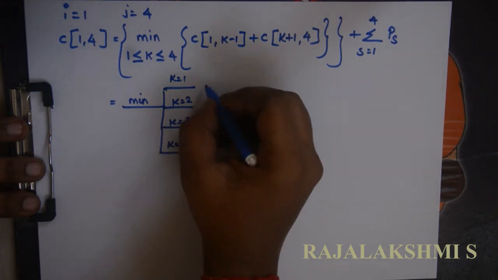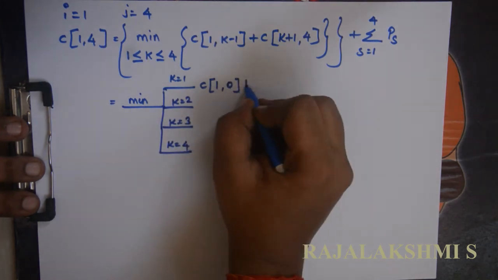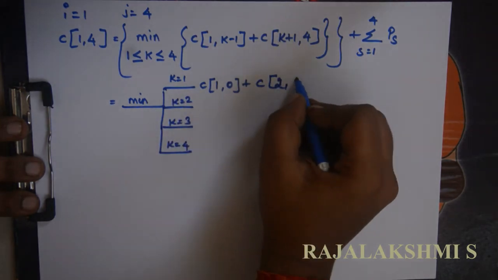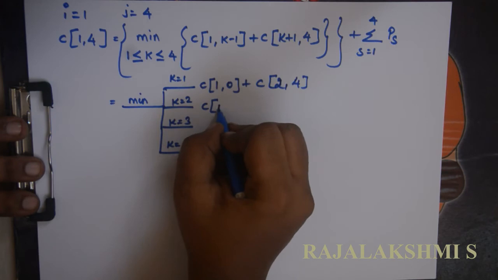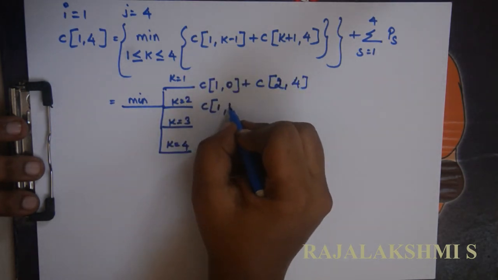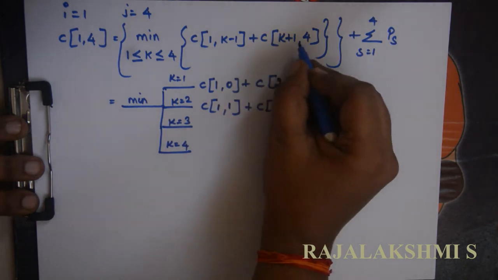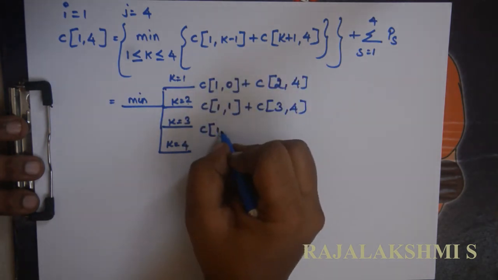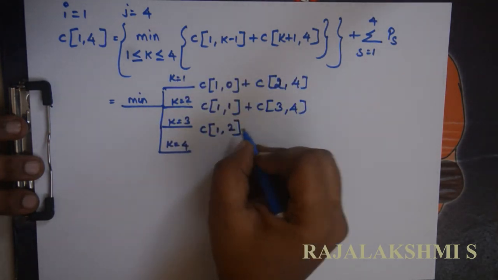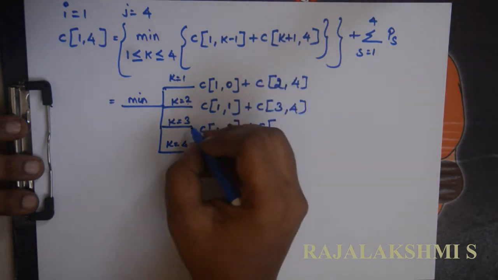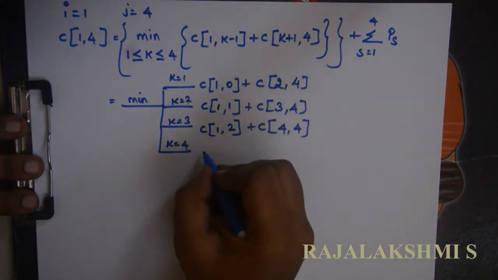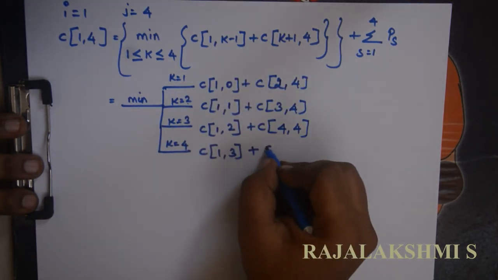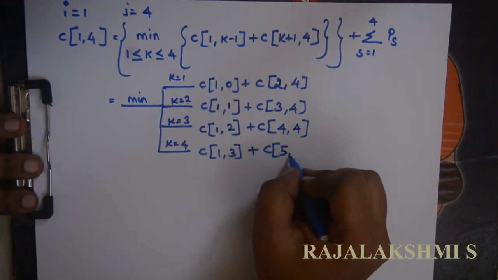So minimum over k equal to 1, k equal to 2, k equal to 3 and k equal to 4. So it is C of 1 comma 0 plus C of k plus 1, so 2 comma 4, and C of 1 comma k minus 1, so 2 minus 1 which is 1, plus C of k plus 1, so 2 plus 1 which is 3 comma 4, and then C of 1 comma 2 plus C of 4 comma 4, and then C of 1 comma 3 plus C of 5 comma 4.